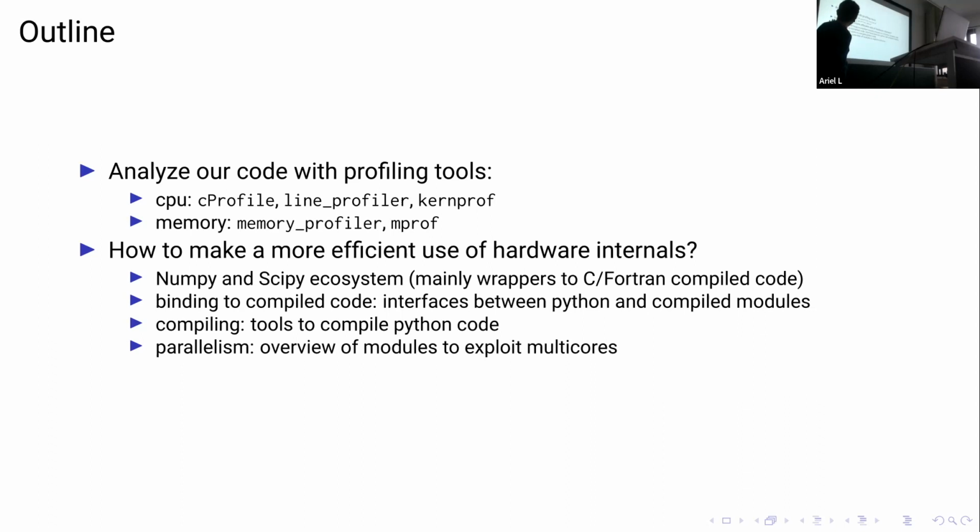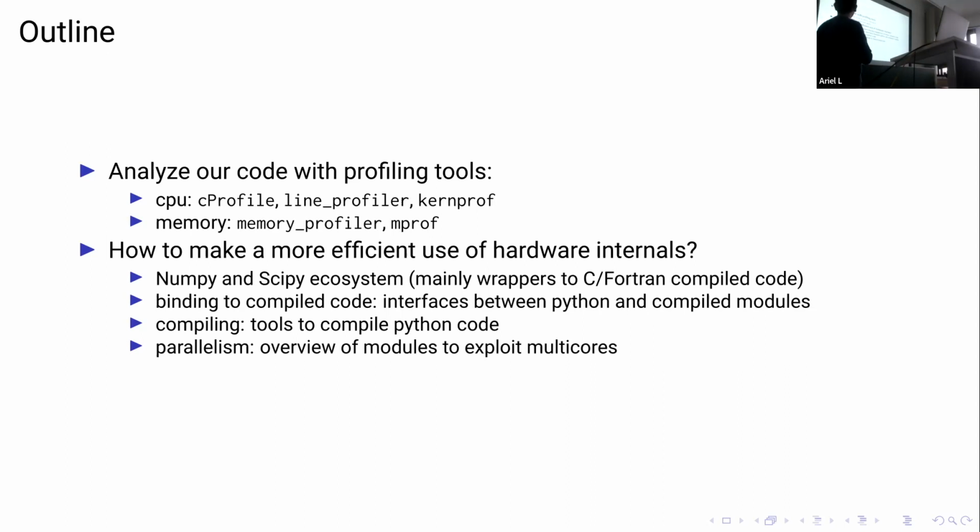So this presentation is divided into two main parts. The second part will talk a little bit about what's behind Numpy and scipy, and look at how we can create our own compiled libraries in case we need to implement algorithms that are not available in the extensions provided.